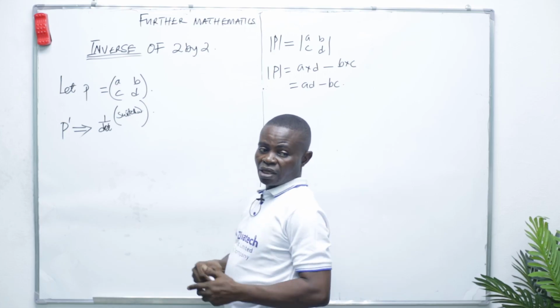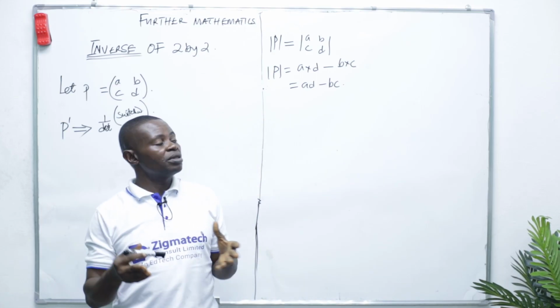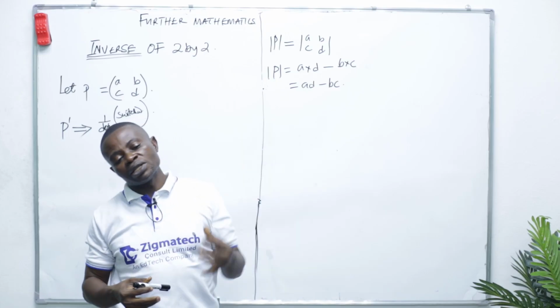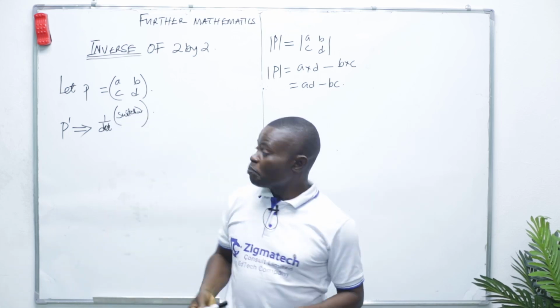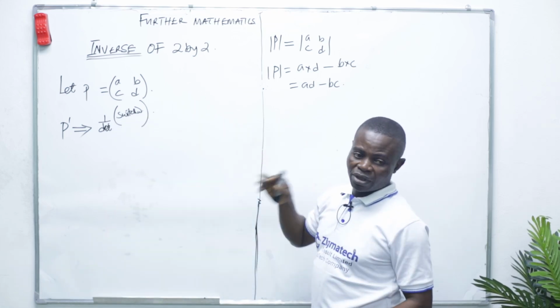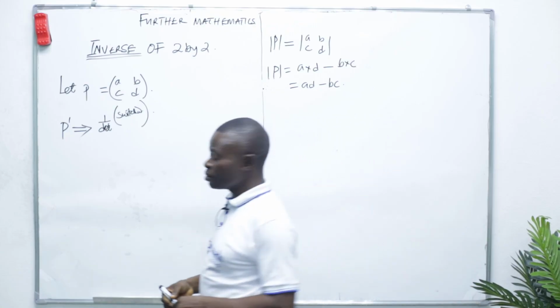Do you get it? This is all about 2 by 2. I am using alphabets for you to know the order and the format to follow. But some people don't like seeing alphabets, so let's still make use of numbers here.